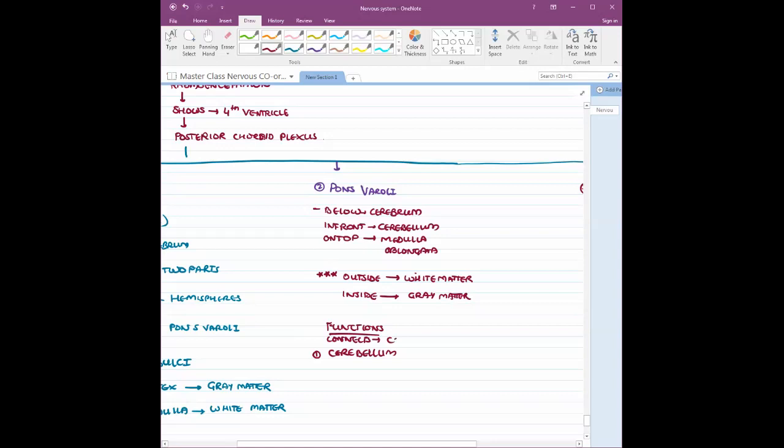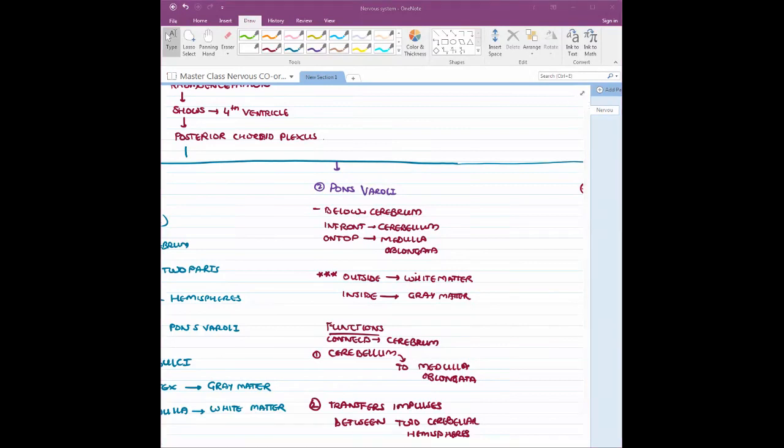And guys, the second thing, because it is in front of your cerebellum, it is between the two cerebellar hemispheres. That's it. That is what we need to know.